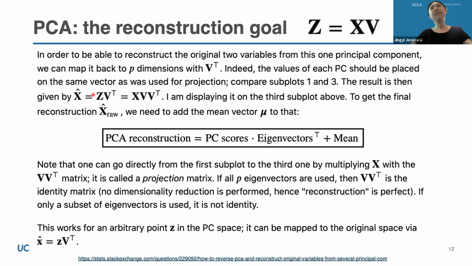Whenever that holds, your X has full column rank P. After you do this, V transpose by nature has only rank K instead of P. Even though V V transpose is P by P, it only has K columns in V and K rows in V transpose.